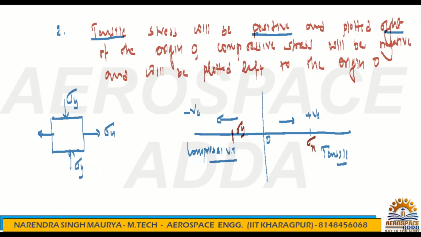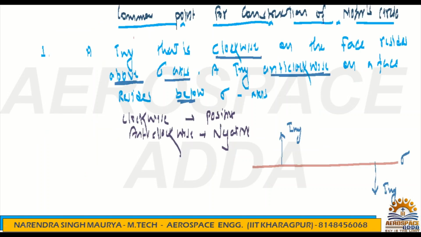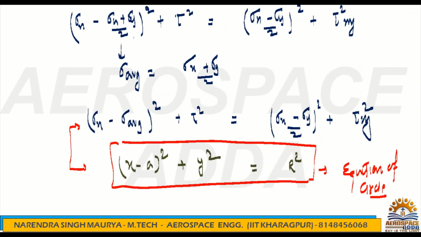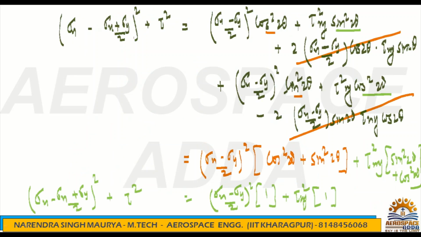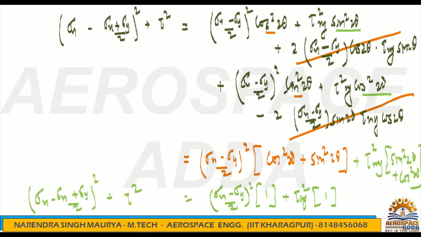The third very important common point is for the circle, because generally we know the angle is always theta. But in this case, if you check all the equations we have seen here, the angle is not theta, it's 2 theta. Everywhere you can check, theta is nothing but 2 theta in the formula, sine 2 theta, cos 2 theta, you are getting here, right?